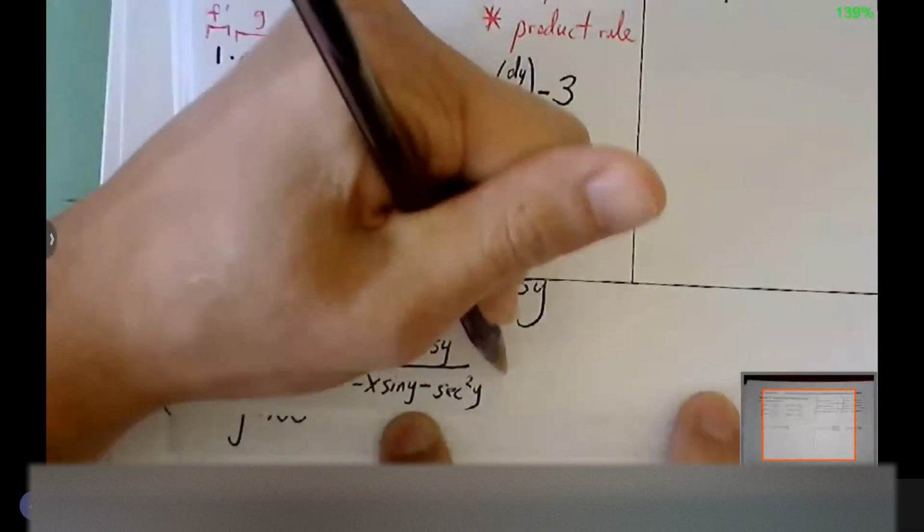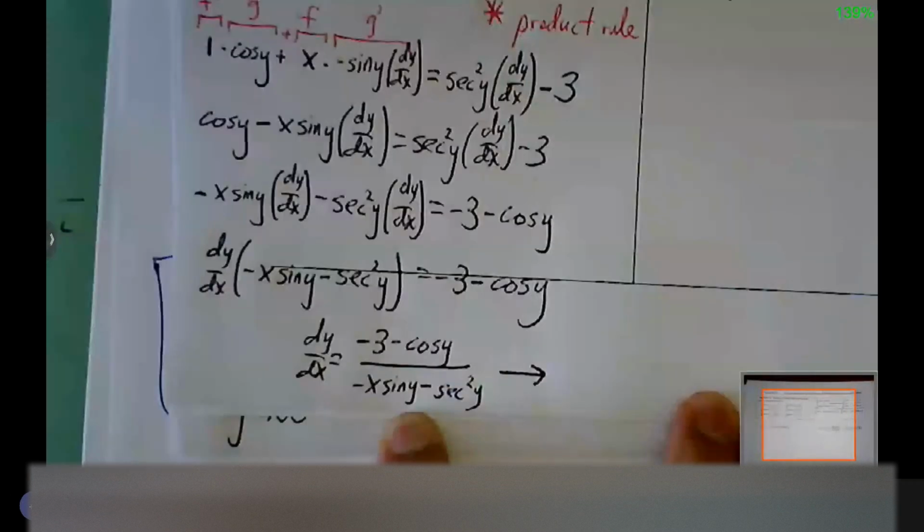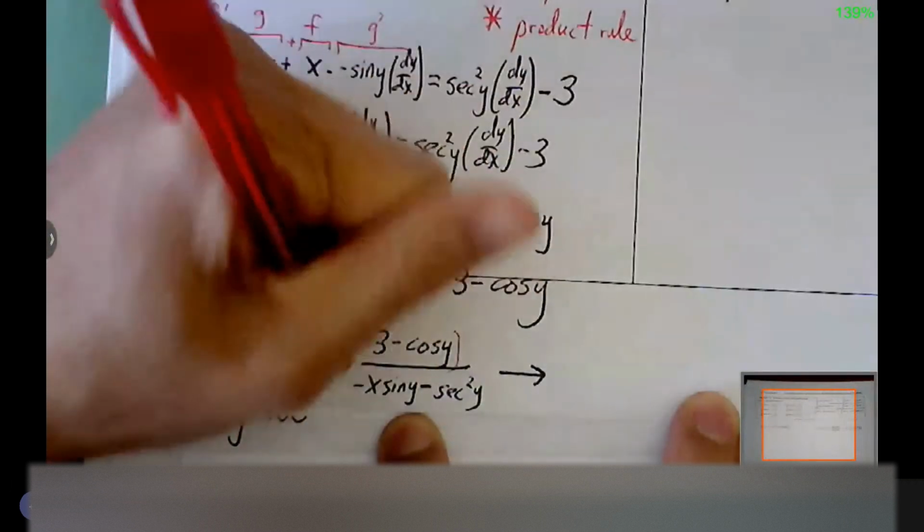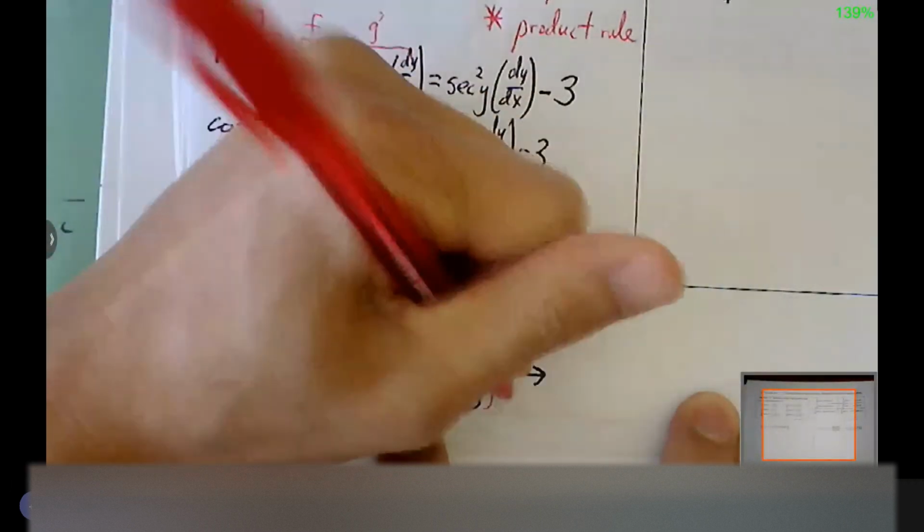There's a cleaned up version of this though, where if I multiply everything by -1, numerator and denominator, it'll take me to where everything is positive.